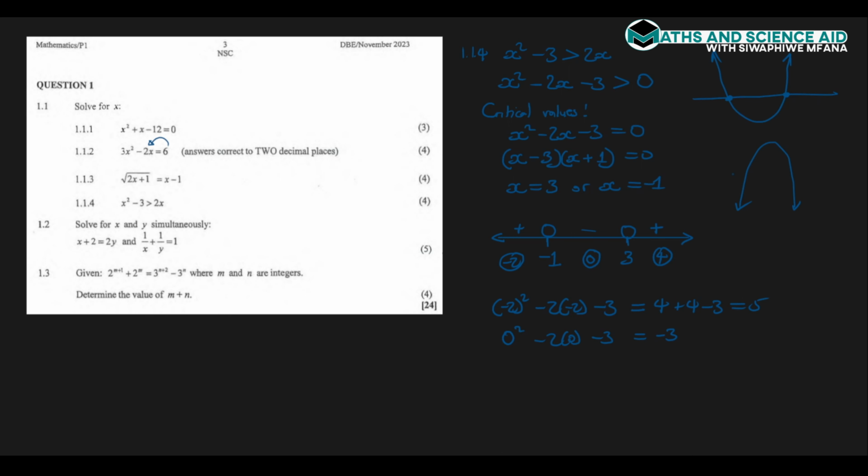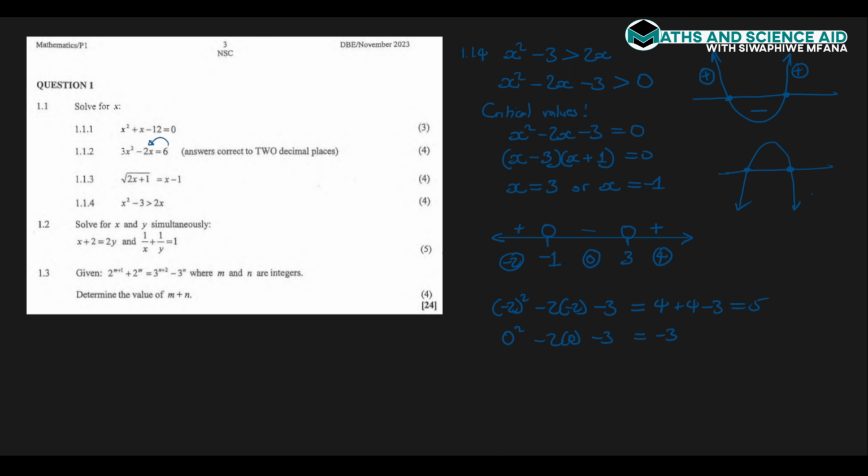So if on the left hand side of the first critical value our graph is above the x-axis, it means that we have a positive there. So we see that the graph is positive, and then it is going to be negative in between the critical values, and then positive again.